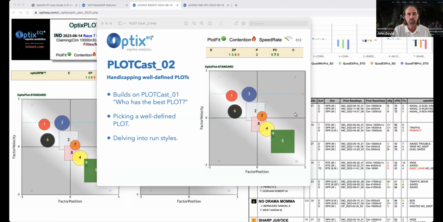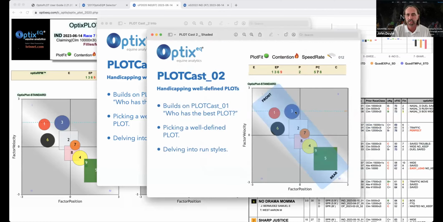Before we jump into this, I want to show you what a well-defined plot is. We talk about green plot fit all the time, but what does it really mean? Well, it's just the way the horses line up on the diagonal line. If they're closer to the diagonal line, then we have a much more predictive plot. I'm going to pull this up here. It's just a shading.